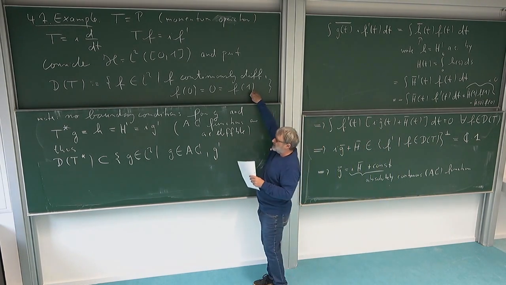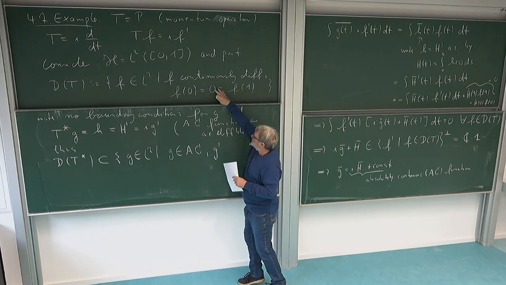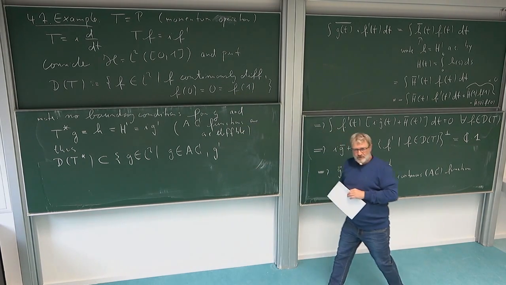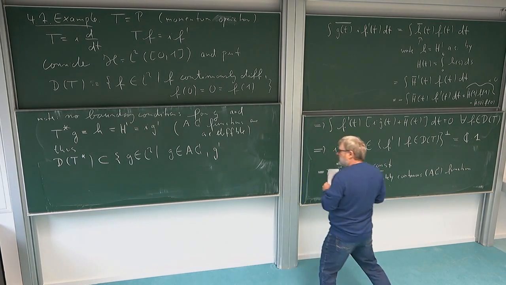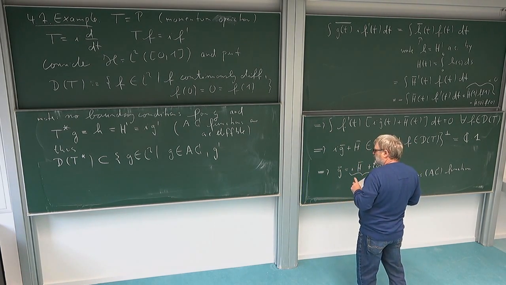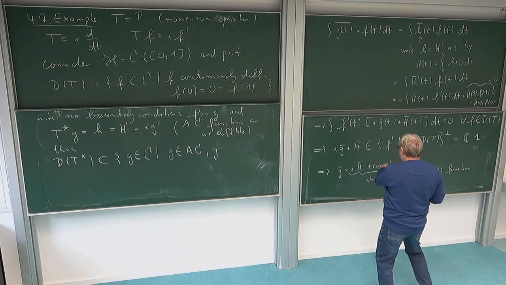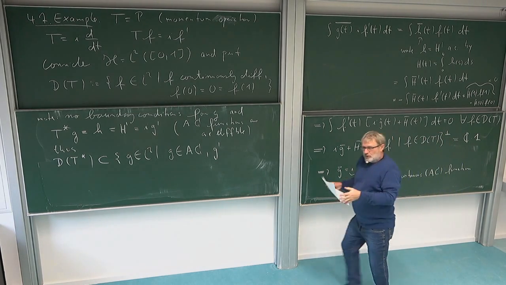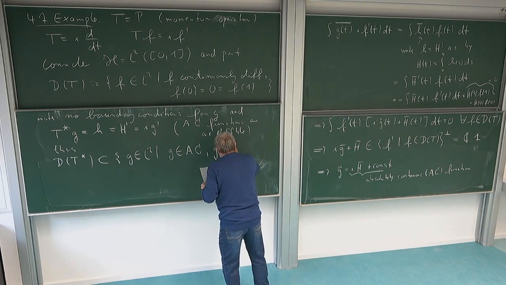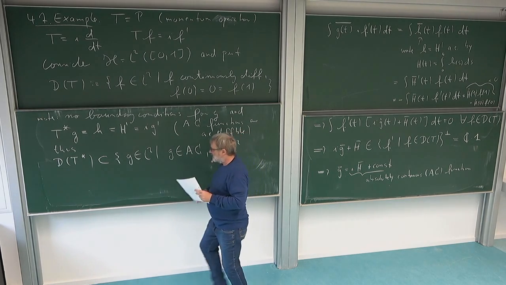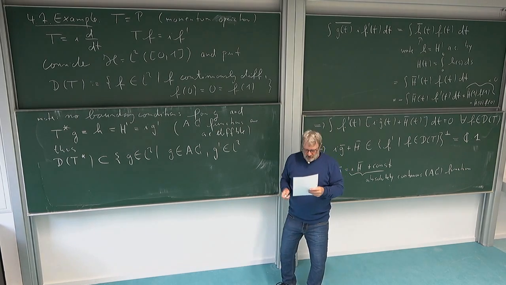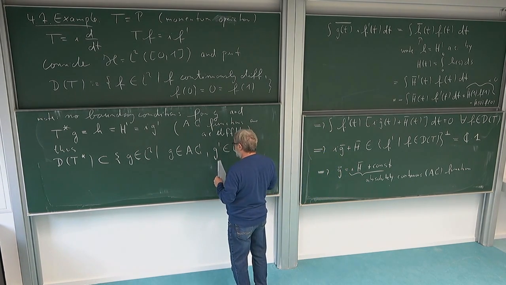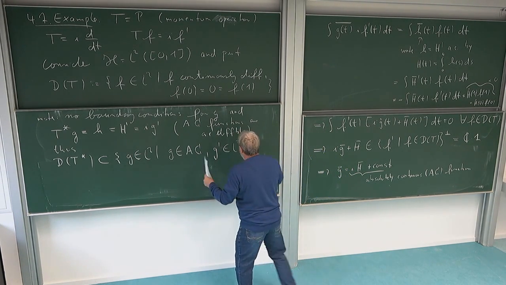In this setting here, this was coming from the fact that we required that the derivative is a continuous function. But here, this is not clear, so this is an extra condition. So the G prime is of course dh, and dh was required to be in L2. So this is clear, because the effect of T star on G is taking the G prime, and so this should be an L2 function. So we need this as an extra requirement, but we don't need boundary conditions.